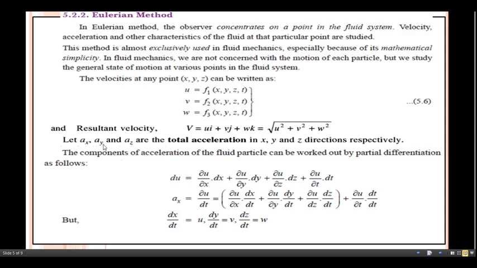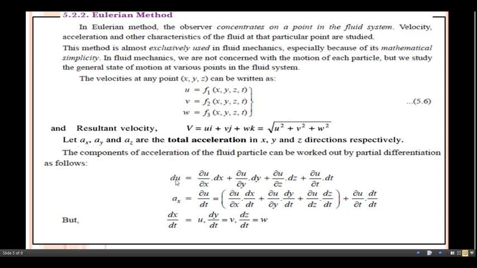So let us consider ax, ay and az as the total acceleration in the x, y, z directions respectively. Now in this case, the components of the acceleration of the fluid particle can be worked out by partial differentiation.